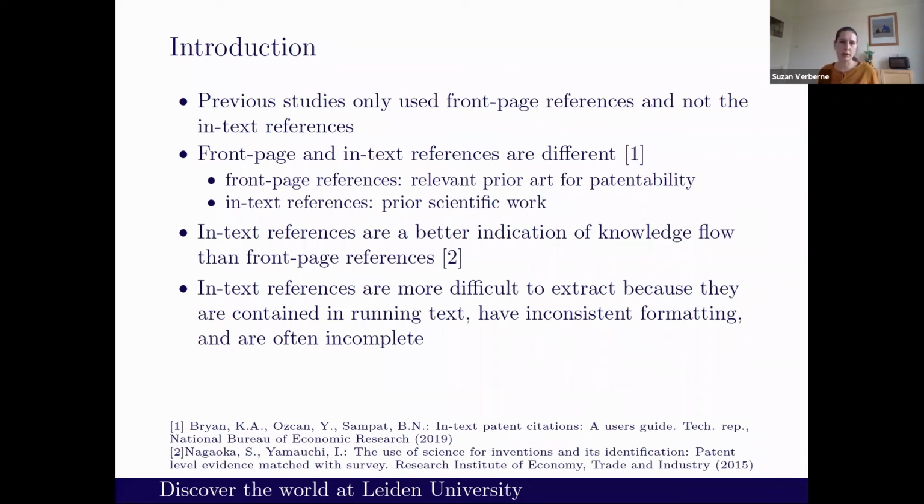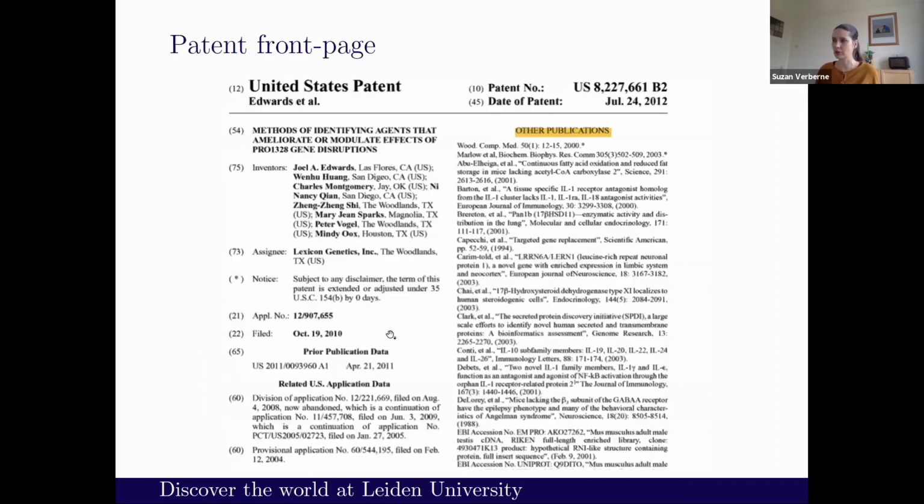And therefore it has been argued that actually if you want to study the relation between science and innovation and which science ends up in patents, it's actually more relevant to study the in-text references. But they are sometimes and often more difficult to extract than the front page references. So here's an example. This is a front page of a patent.